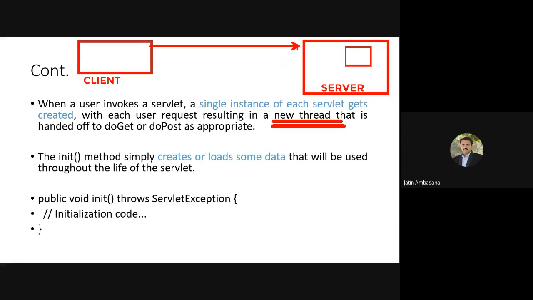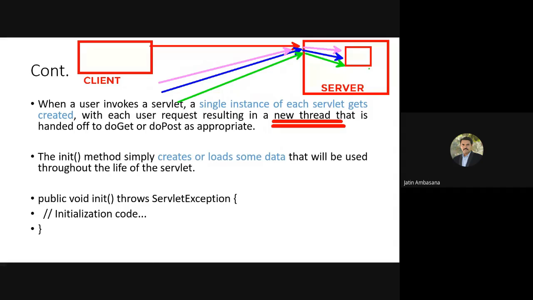At the same time, there may be different requests from different clients, right? So what to do in that case? Obviously, it will generate new threads for those requests, but the instance will be the same.